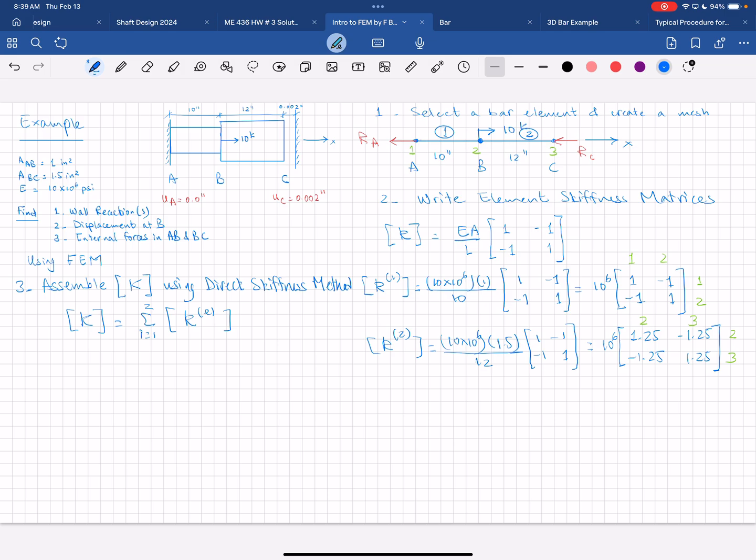And knowing that this has 3 degrees of freedom, we expect this uppercase K to be a 3 by 3.